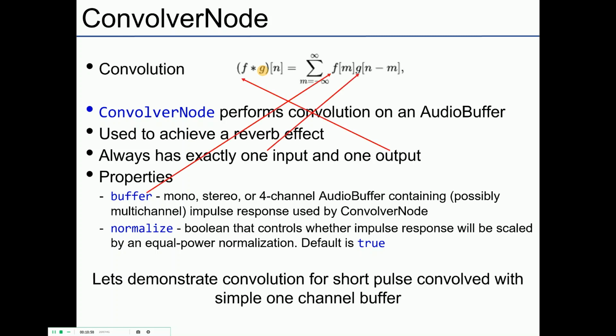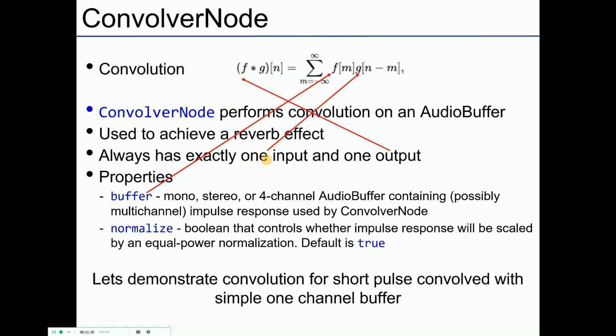So we're going to demonstrate this convolution for a short pulse convolved with a simple impulse response. This pulse is actually going to be a bit like a square wave type signal. But we'll look at that in a second. But first, note with the convolver here that it looks like two input functions, and so one would think two input signals, f and g.